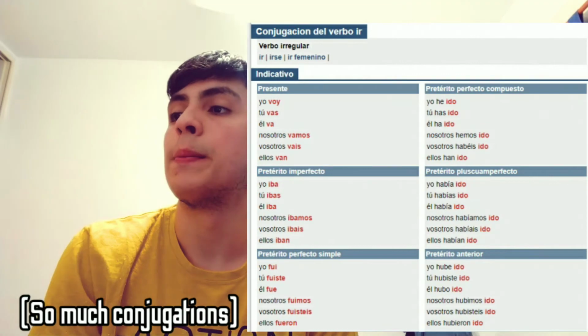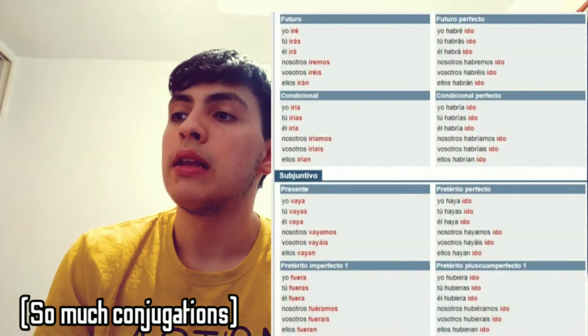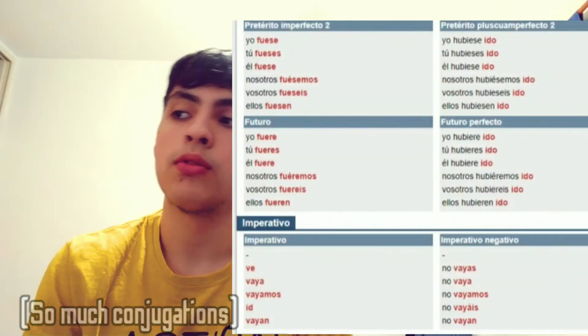Finally, we are going to explain a bit how the verb is composed and how it can change due to the effect of its environment.